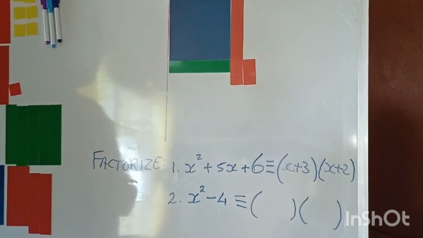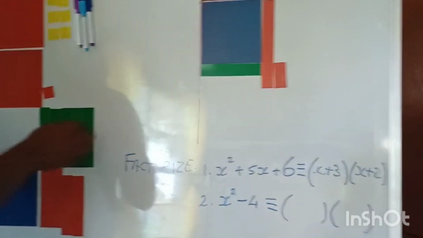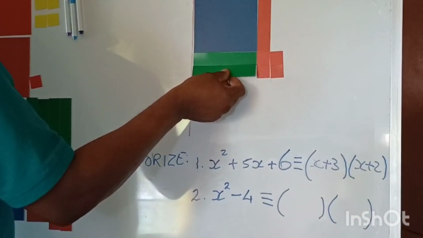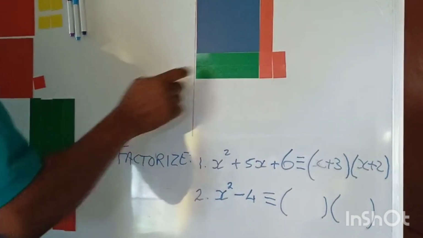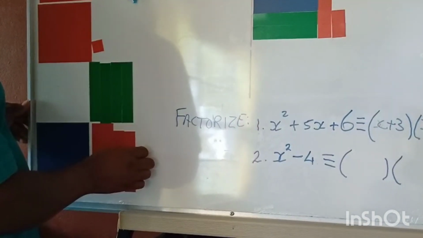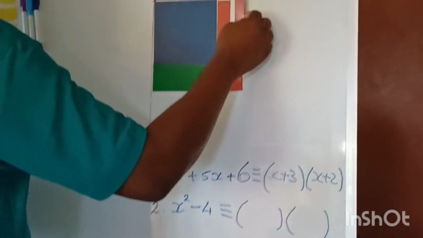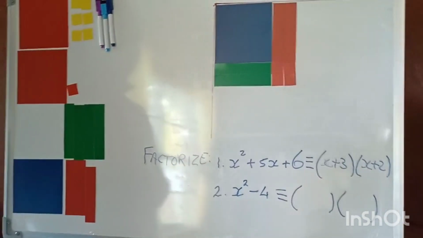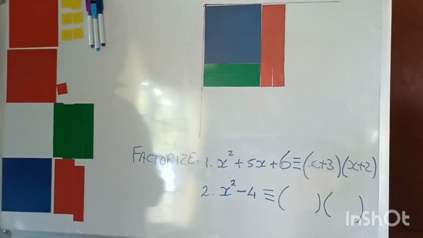Hence the name 0 pairs. If I add another x here, I have to subtract another x here, for you to get a second zero pair. And now our rectangle is completed.